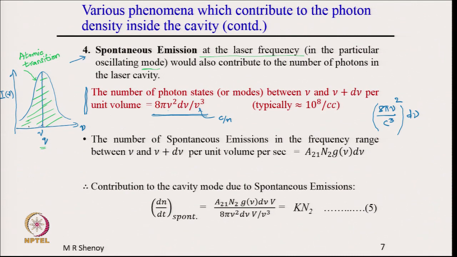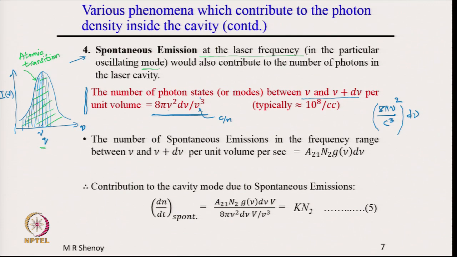What is this number of photon states? These are the states at different frequencies: how many such states are there between frequency nu and nu plus d nu. If you put typical numbers, you will see that it is approximately 10 to the power of 8 per cc.